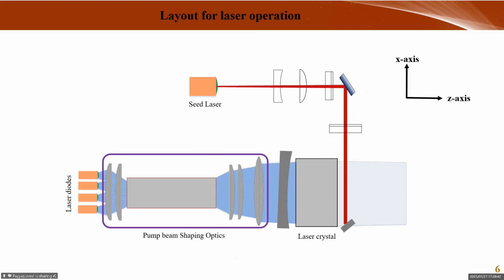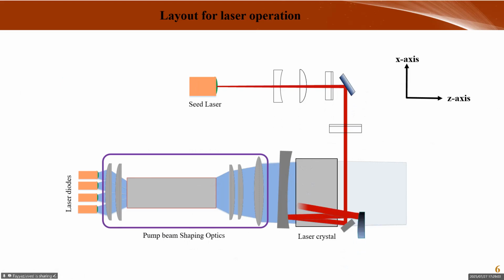This is the input mirror for the reflections. This is the configuration we used, but generally you can put just one mirror at this place to reflect the seed laser to the slab crystal.